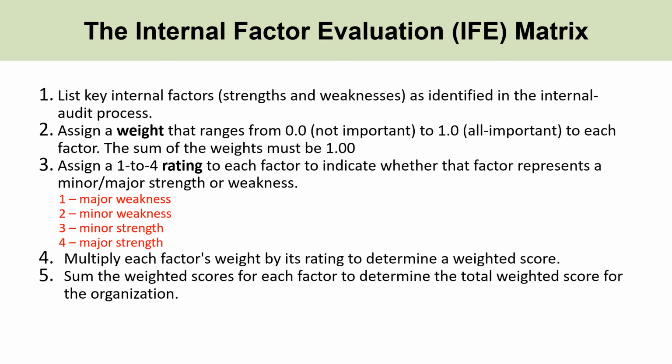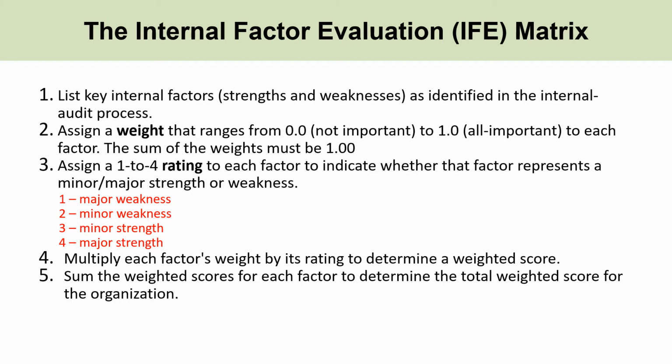Next, assign a 1 to 4 rating to each factor to indicate whether that factor represents a minor or major strength or weakness. So you can see the list here, 1 and 2 refer to the weaknesses.